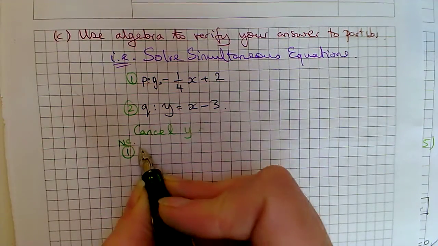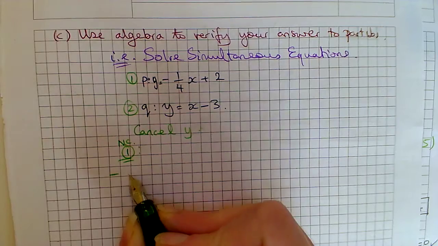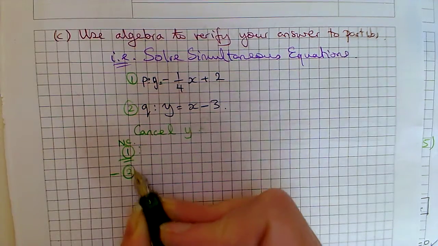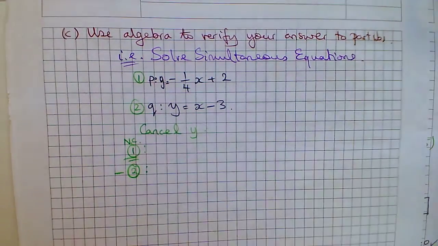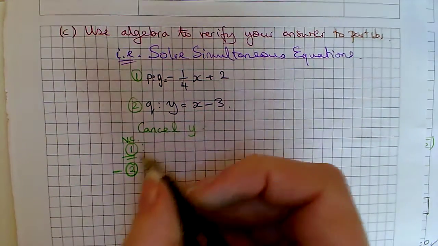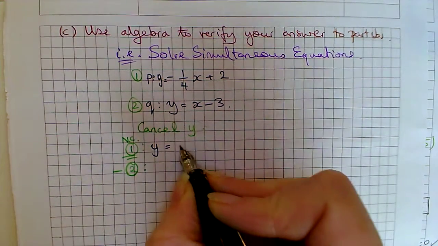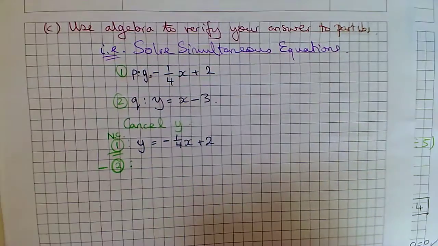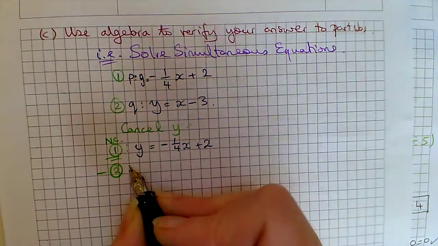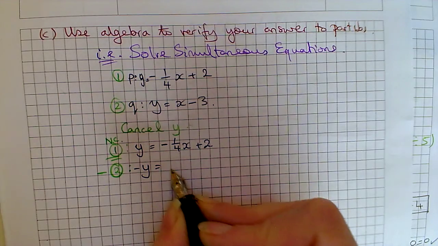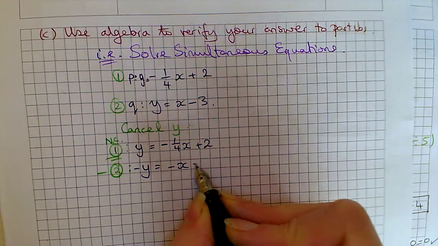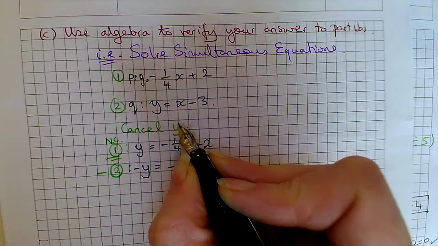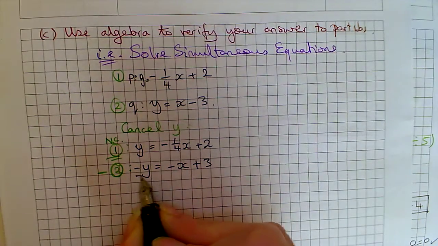No change to equation 1, and I'm going to take away equation 2. So y is equal to minus 1/4 x plus 2, and take away equation 2, minus y is equal to minus x plus 3. I must change the signs of each part there.